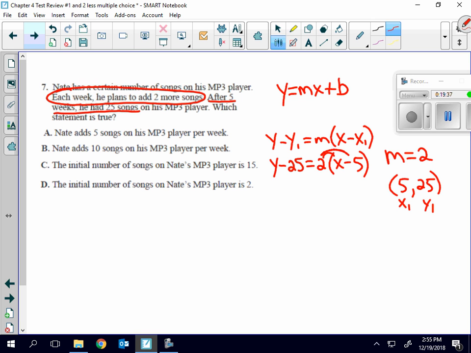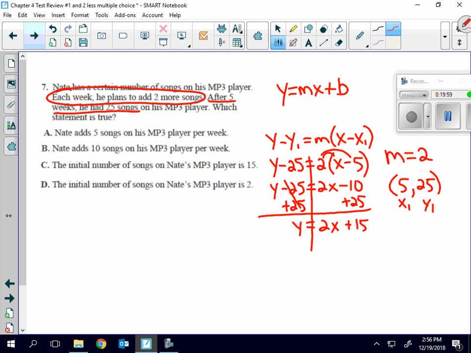Distribute the 2. I have y minus 25 equals 2x minus 10. And add 25 to both sides to get it in slope-intercept form. y equals 2x plus 15.